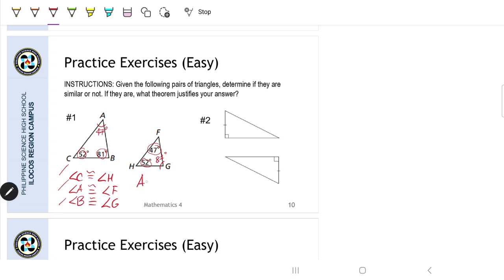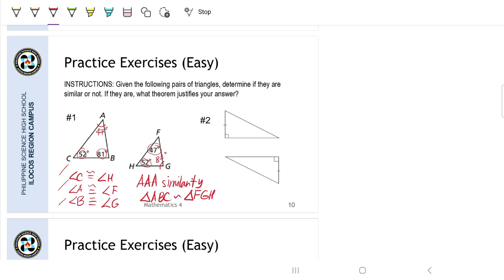Therefore, by AAA similarity, we can say that triangle ABC is similar to triangle FGH. Okay, so by AAA similarity.